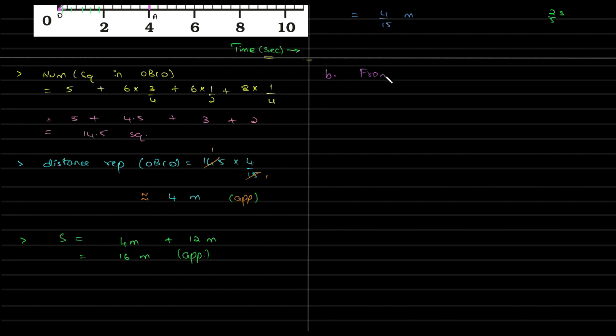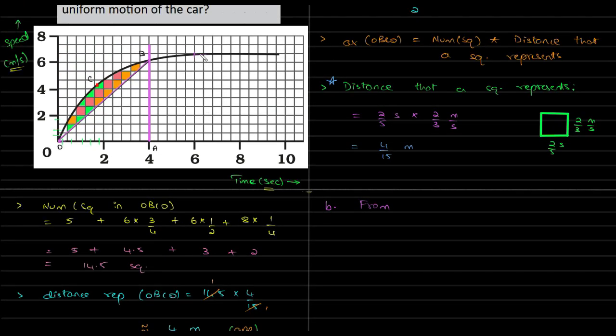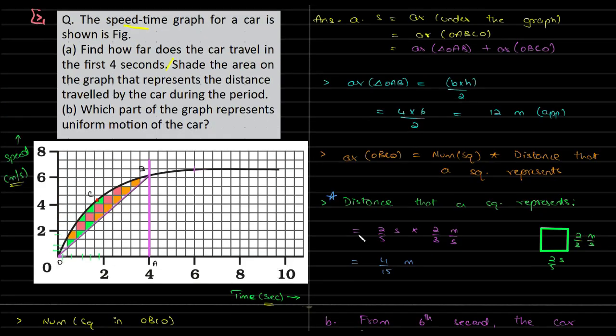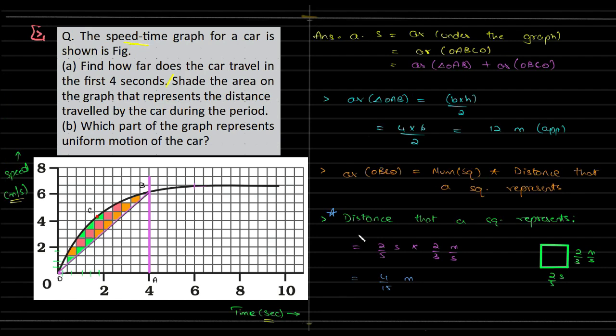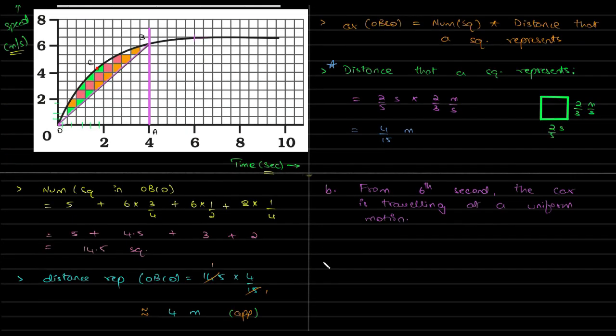So from, you can see over here, 6 seconds approximately, 6th second, the car is traveling at a uniform motion, right? Again, uniform motion is wherein you are traveling equal distance in equal interval of time, that is a constant speed.